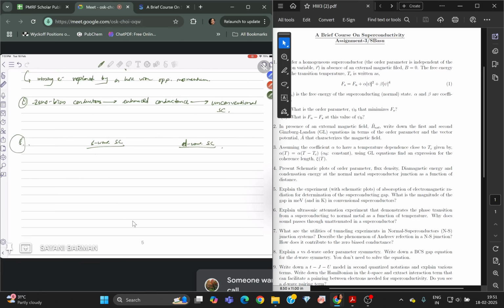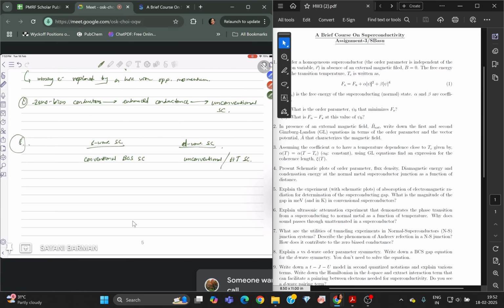So this is the conventional BCS superconductor, and this is the unconventional one, or you can call it high temperature superconductors, mostly cuprates and all.